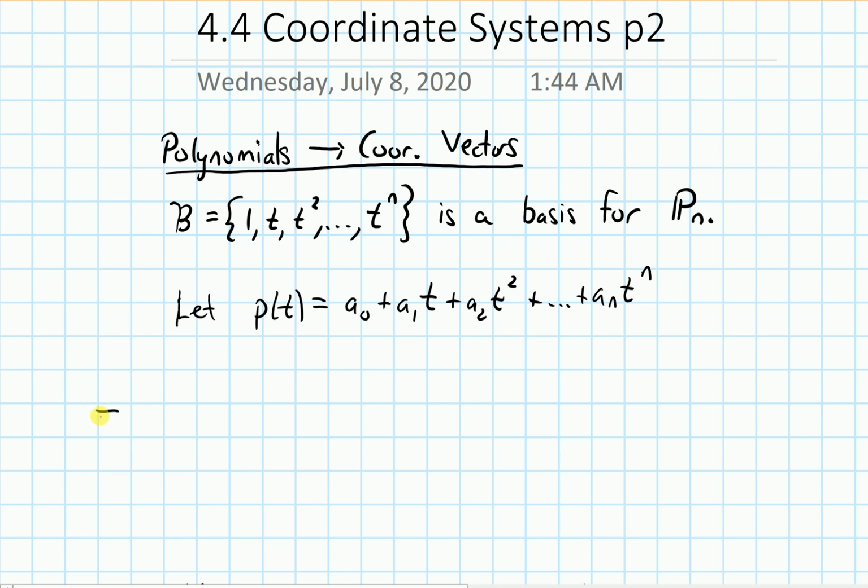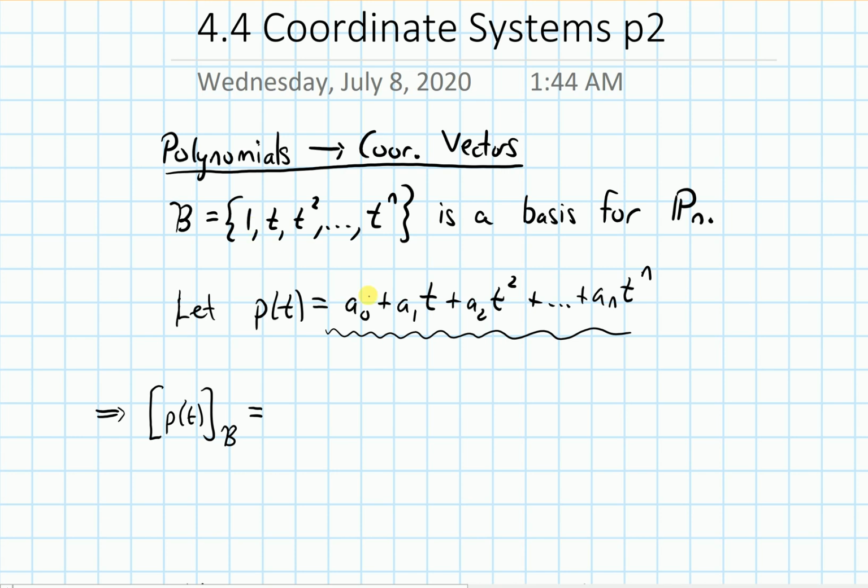Now, let's convert this to its coordinate vector. When I write the coordinate vector for p of t, this is my notation for the coordinate vector. Remember, what this means is, tell me what the weights of the linear combination are. When we've written p of t in this way, notice that we've written it as a linear combination of the elements in the basis.